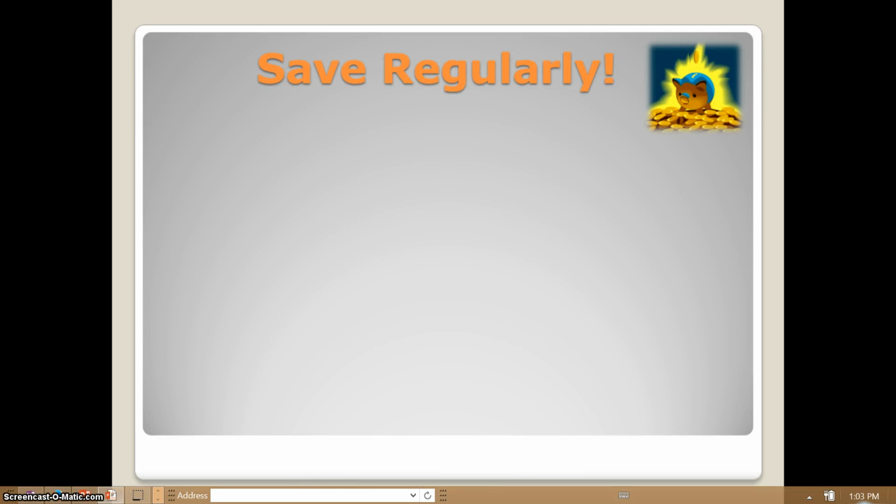So how can you save regularly to build up savings for expected and unexpected events? If you set up direct deposit and have money directly deposited into your savings account from your employer, that is a guaranteed way of saving money.